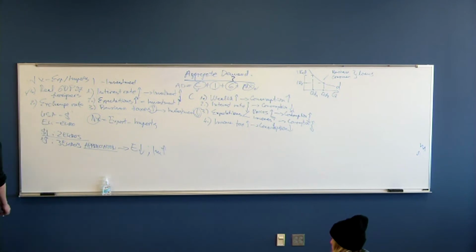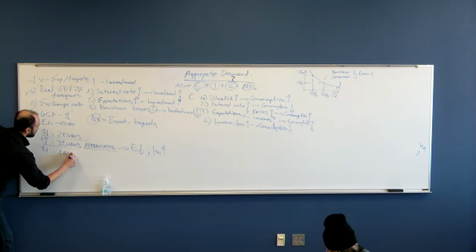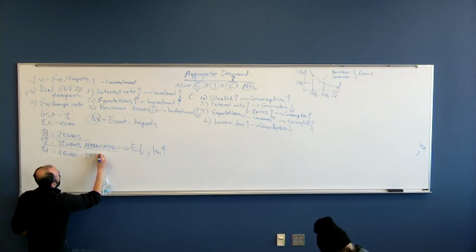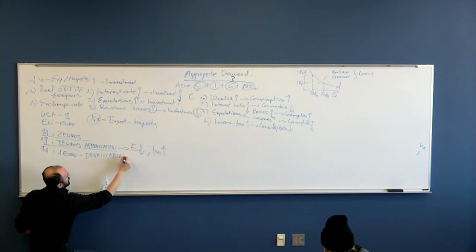The opposite happens if you have, for example, that the exchange rate now changes, imagine $1 to 1 euro, which is close to what is the case right now. This is called depreciation. Depreciation of currency.